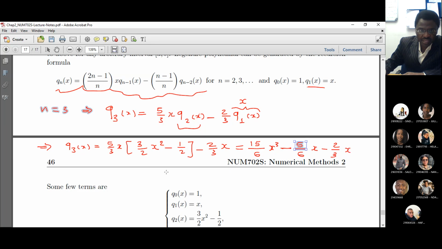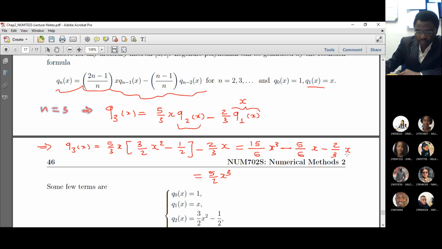Now already you have, okay, and then this is equal to, you see that this one is unchanged. Obviously this one is a factor. Oh, I could have even, you see that this is 3, so it's 5 by 2. So this is 5 by 2 x cubed, right? Now these two, you see I have x there. Now if I add these two, this will be negative, right? I just multiply this by 2 again for the same denominator.